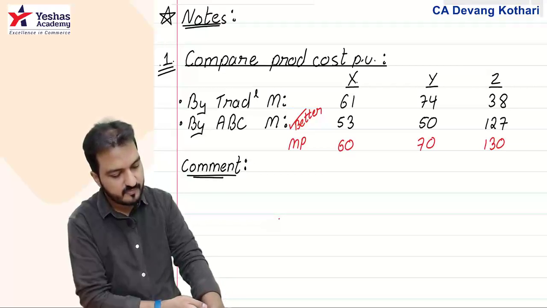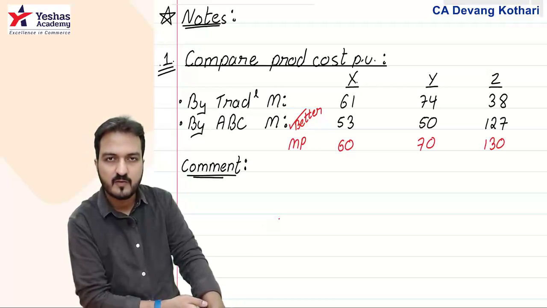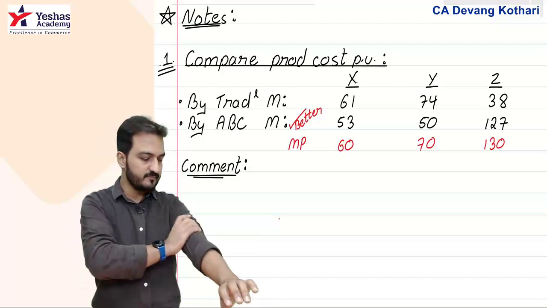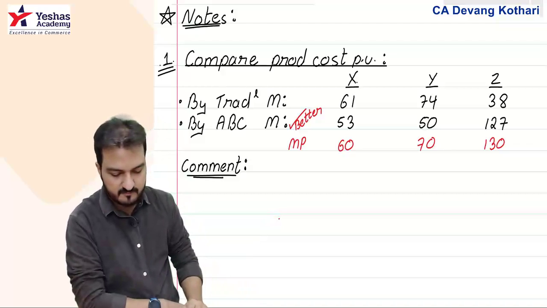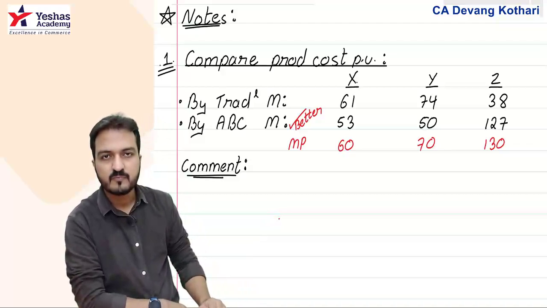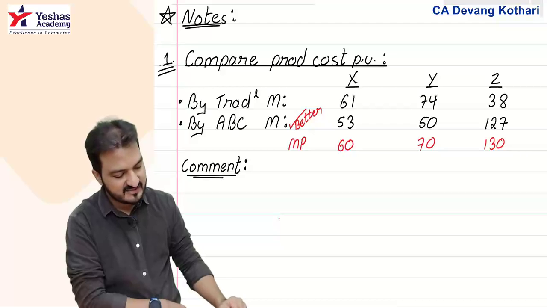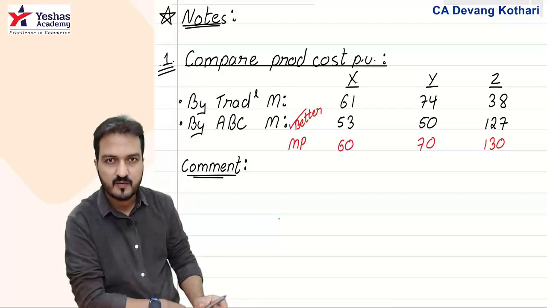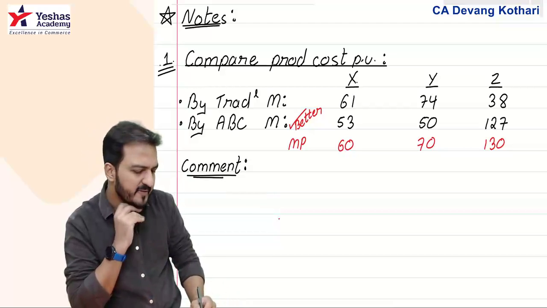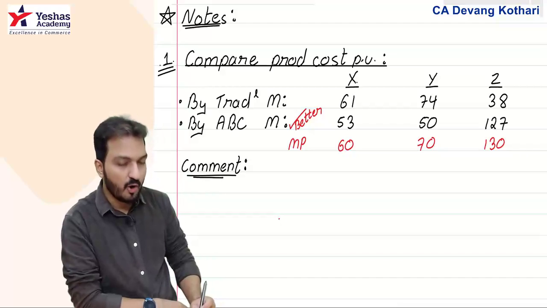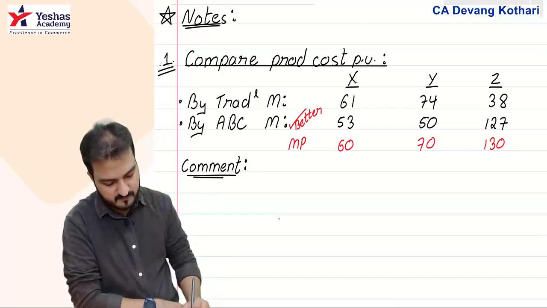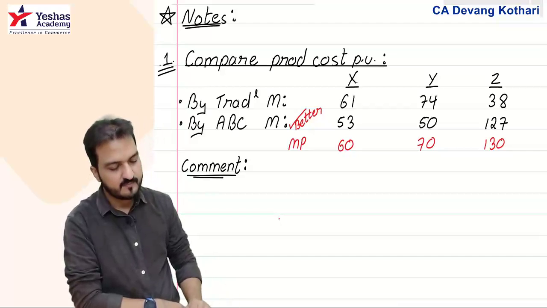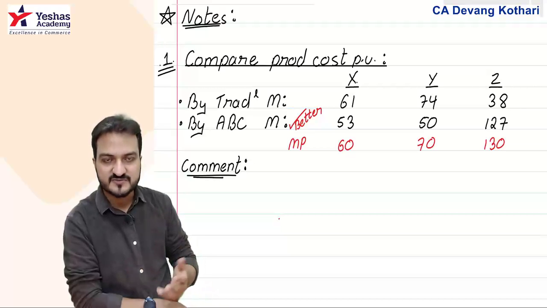However, ABC method makes us realize that all overheads are not based on hours.